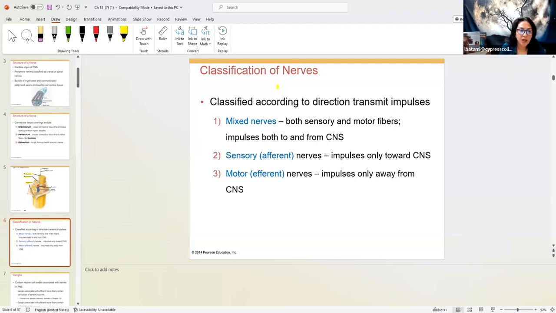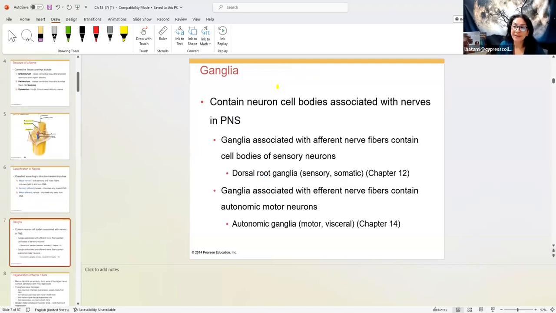Okay. So the next part of the peripheral nervous system is ganglia. What is a ganglion? A ganglion is a structure composed of cell bodies of neurons that is part of the peripheral nervous system. The best example is the dorsal root ganglia, which we learned about before in the spinal cord section. The dorsal root ganglion is part of the peripheral nervous system and related to the spinal cord.